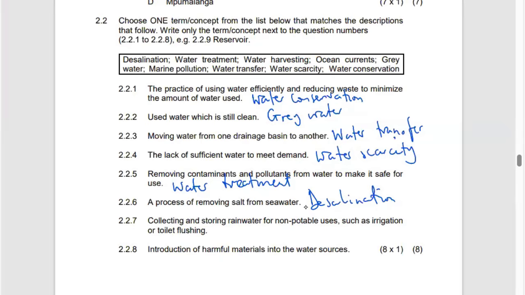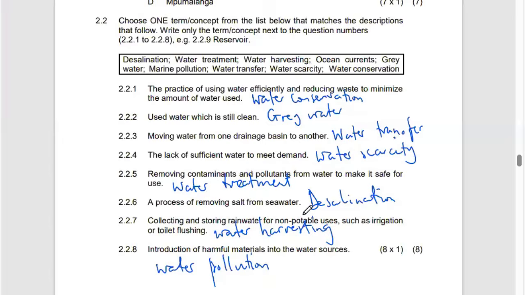Right. Then we have collecting and storing rainwater for non-potable uses, such as irrigation or toilet flushing. That is water harvesting. Then lastly, introduction of harmful materials into the water, that is water pollution.